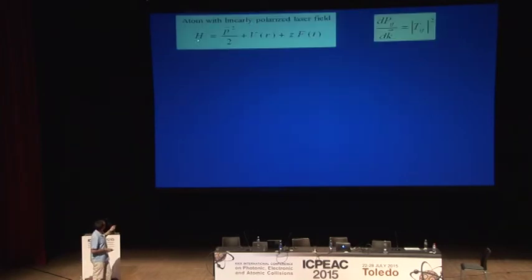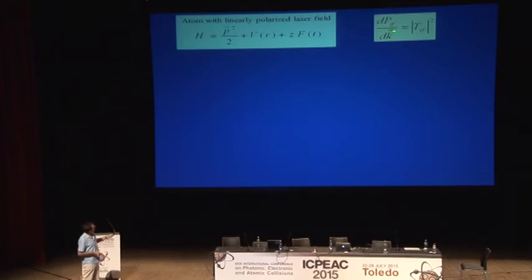So this is the Hamiltonian of the atomic system in the single active electron approximation. This is the central potential of the atomic system, which is subject to a laser field linearly polarized along the z direction.